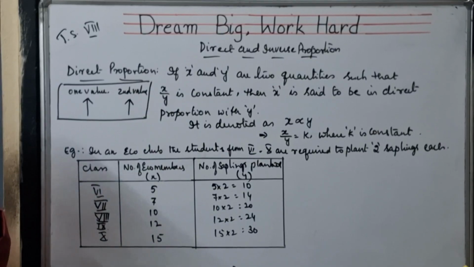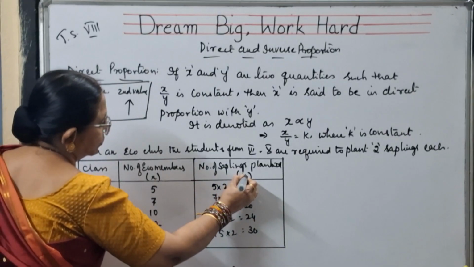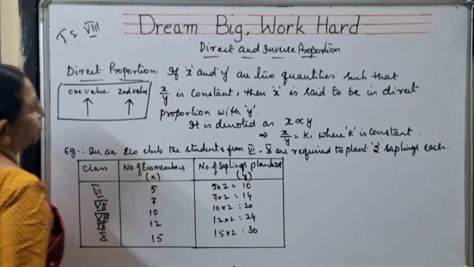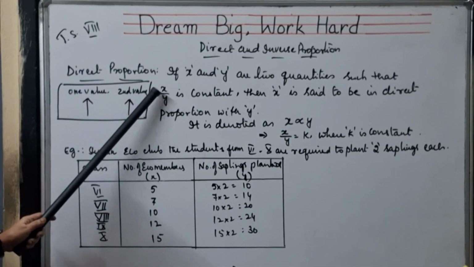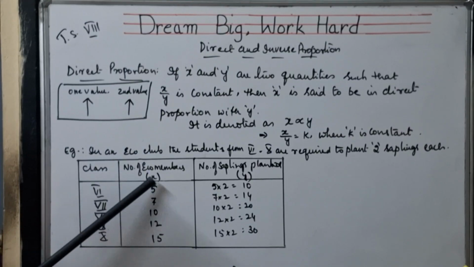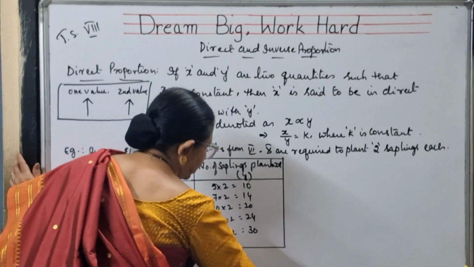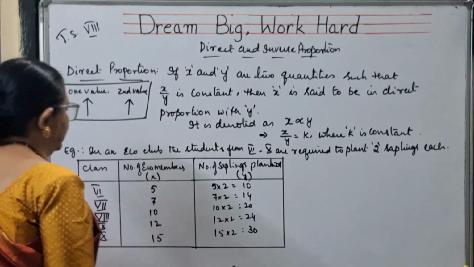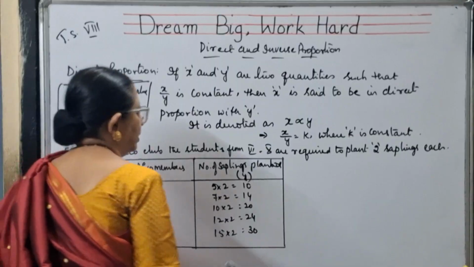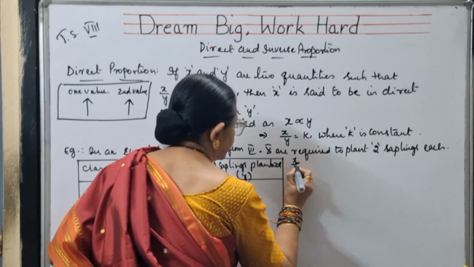Now here, number of eco members are considered as x and the number of saplings considered as y. Now we need to find out whether they are in direct proportion or not. So for this, let us see the values of x by y.